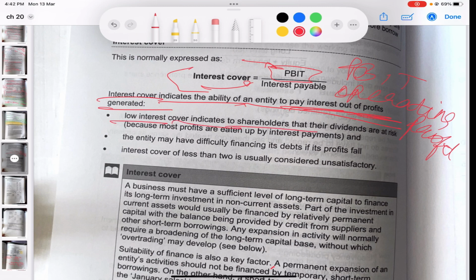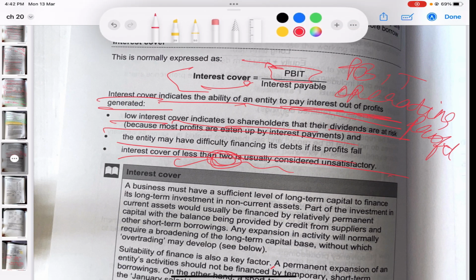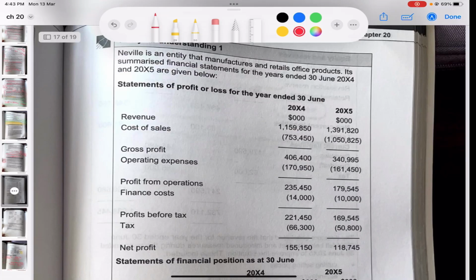Low interest cover indicates that the dividends are at risk. The entity may have difficulty financing. Interest cover of less than 2 is considered unsatisfactory. So it is profit before interest and tax upon the interest which is payable.